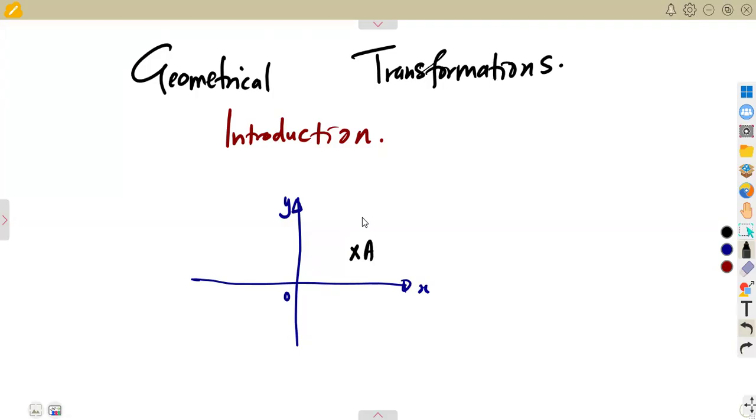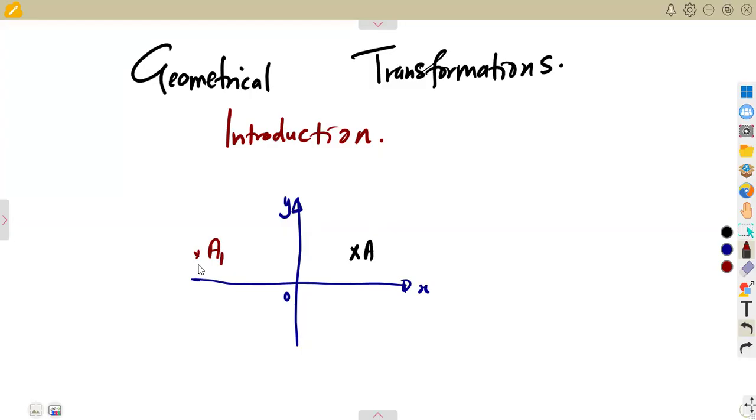Then we will be given that this point is now moved from where it is situated here. Maybe the point A is now at this point, and now we refer to it maybe as A1. All right.